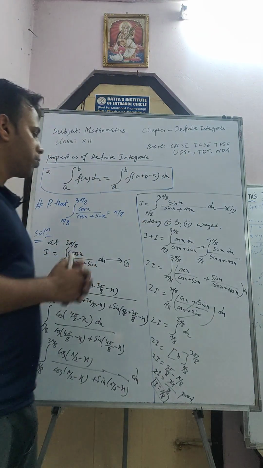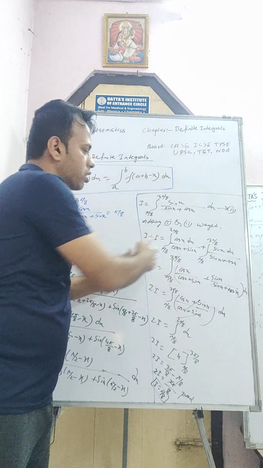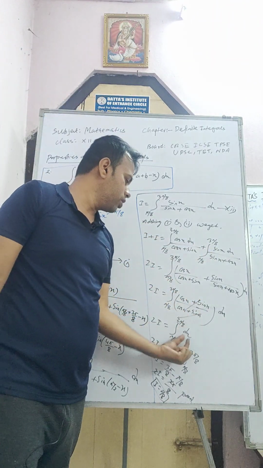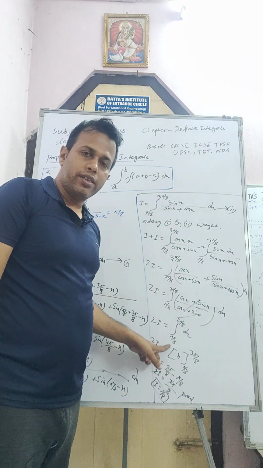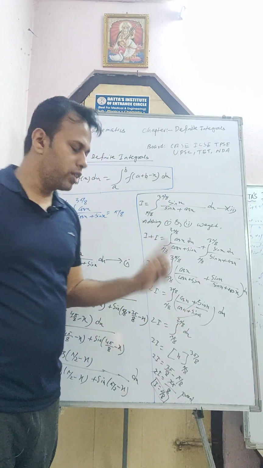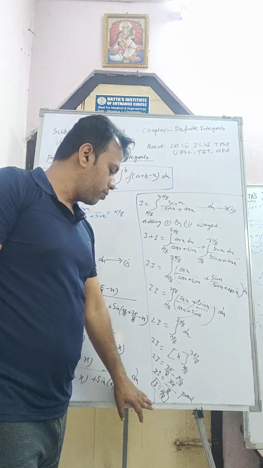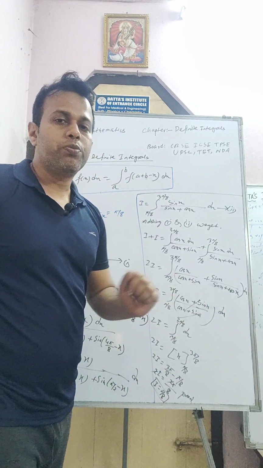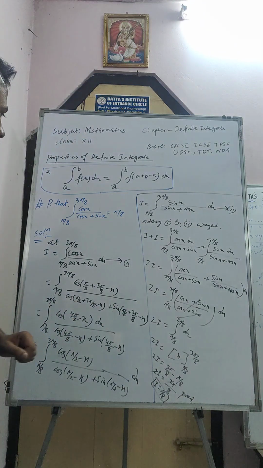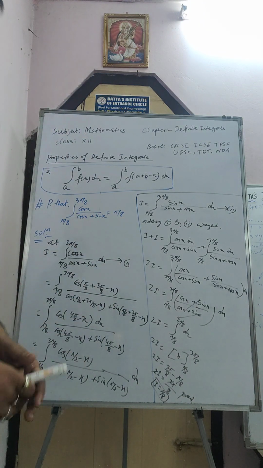After taking the integration as common and simplifying, it becomes the integral from pi by 8 to 3 pi by 8 of dx. The integration of dx is x. Now after simplification, the desired output comes: I equals pi by 8. This is the answer, and hence it is proved.